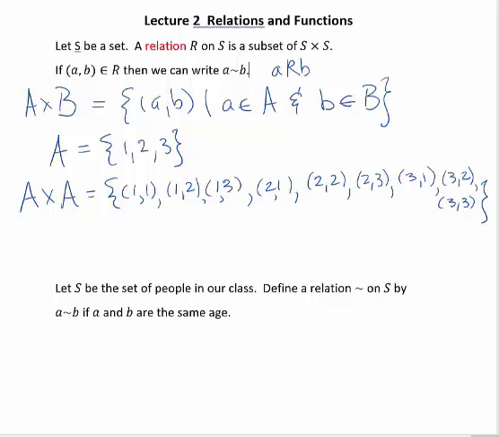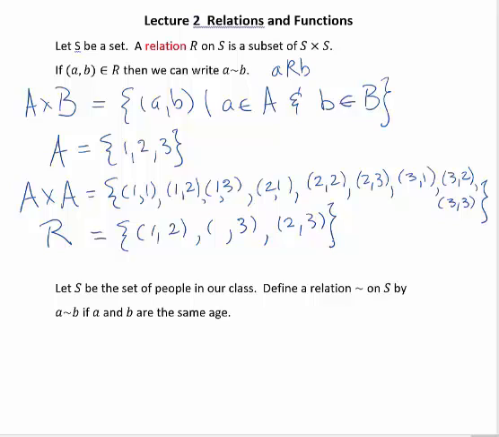Now, what about this subset? Let's call R the following subset of A cross A. In other words, we're going to define R as a relation on the set A. So let's see, how about the ordered pair 1, 2, and the ordered pair 1, 3, and the ordered pair 2, 3.